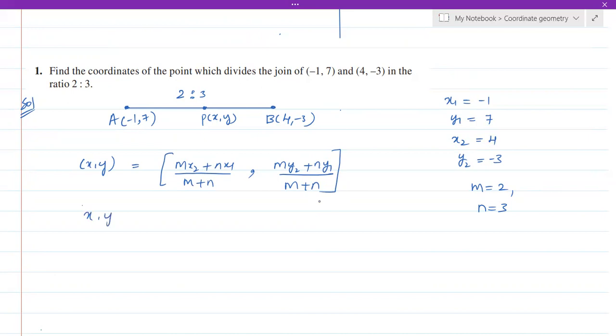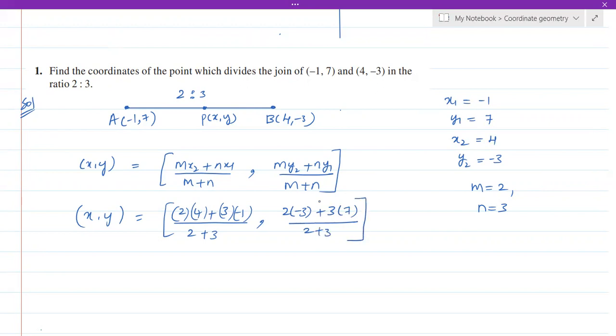Therefore x, y is equal to: what is the value of m? 2. What is the value of x2? It is 4. Plus what is the value of n? 3. What is the value of x1? -1, divided by m plus n, that is 2 plus 3, comma, m value again 2, y2 value is -3, plus n value is 3, y1 value is 7, divided by 2 plus 3.